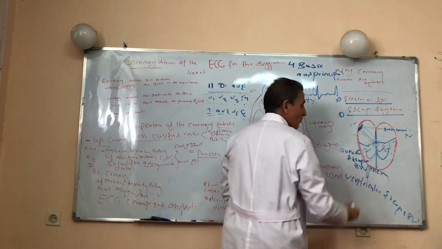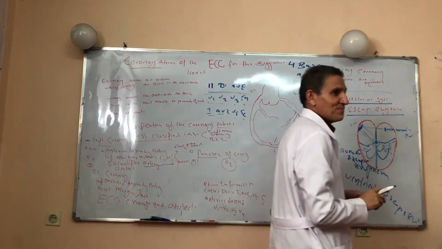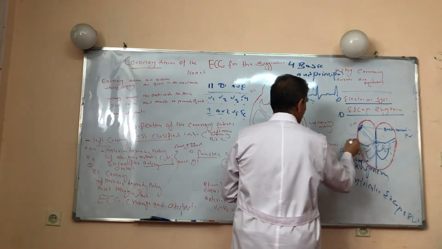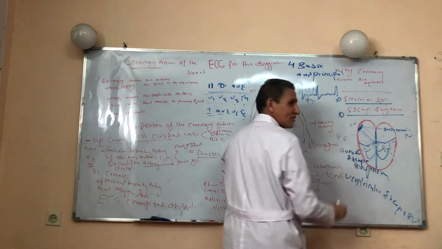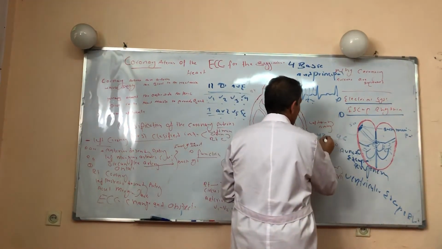In the AV node, what is the natural firing frequency? Around 46, and on average, from 40 to 45, about 43 beats per minute.